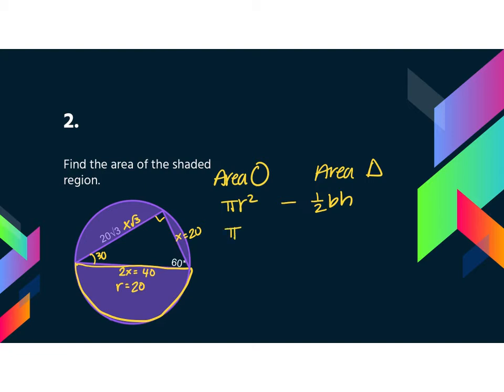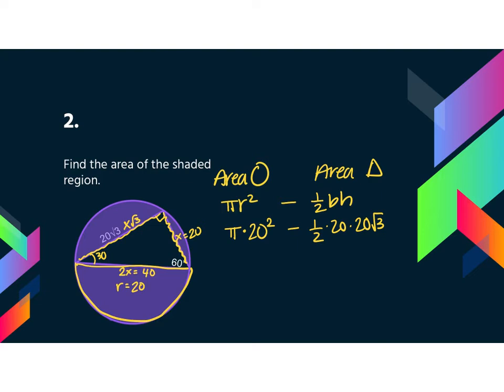So I have pi times the radius, which is 20 squared, minus 1/2. The base of the triangle is right here, so 20. The height of the triangle is right there. Remember, the base and the height must be perpendicular. Now we can go ahead and simplify.